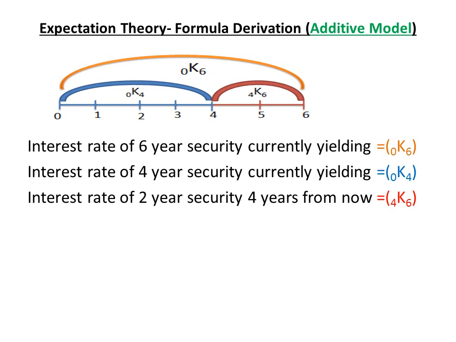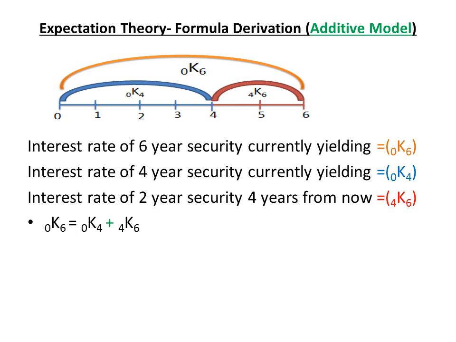Year 0 is now, and year 4 is 4 years from now. From year 4, the 2-year security means 4 to 5 is 1 year, 5 to 6 is 2 years. So 4 to 6 is the 2-year security 4 years from now, 4K6.